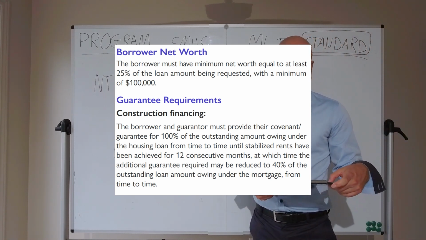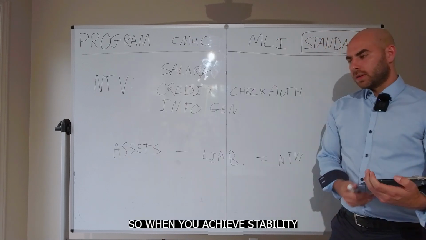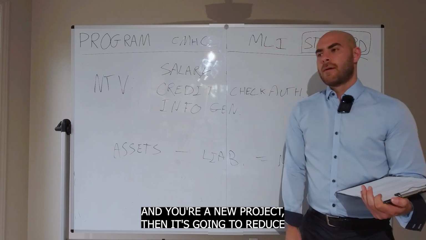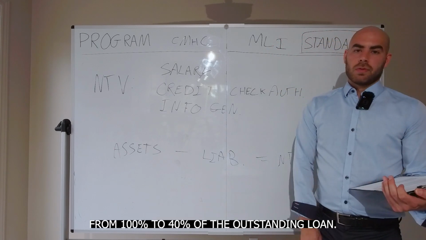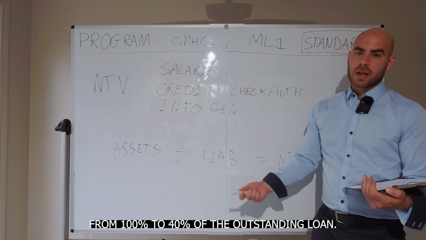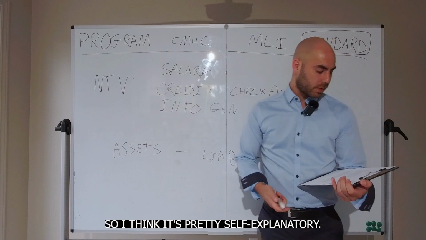So when you achieve stability in your new project, then it's going to reduce from 100% to 40% of the outstanding loan. So I think it's pretty self-explanatory.